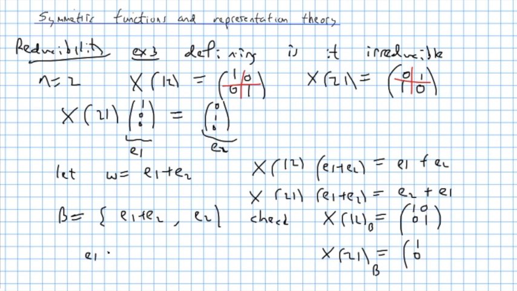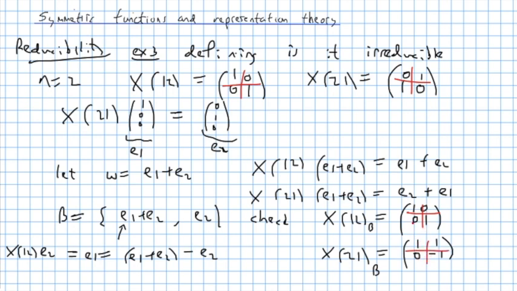So E1, if I write it with respect to this basis, is going to be E1 plus E2 minus E2. So in terms of the matrix with respect to this basis, this is going to be 1 minus 1. And voila! Now we do have this block form across all the elements, all the two permutations.